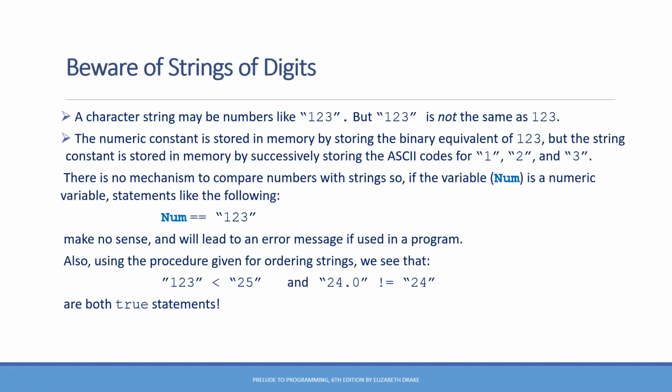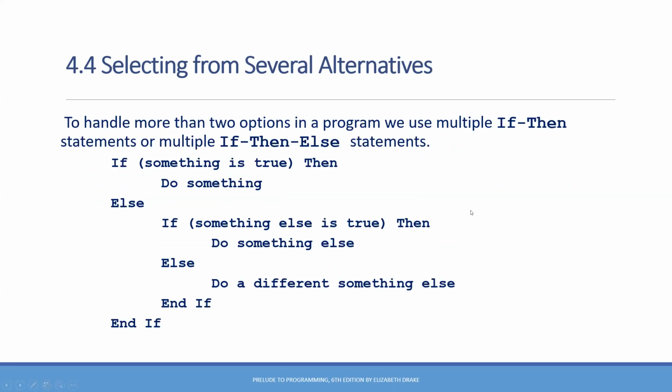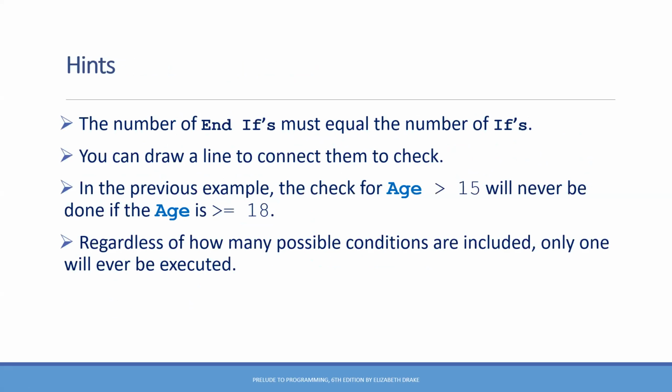Now, whenever we're working with strings, we do need to be careful, and sometimes we can come up with illogical or unexpected results when we're comparing strings. We do need to be aware of that. It's a little bit different than comparing numbers.